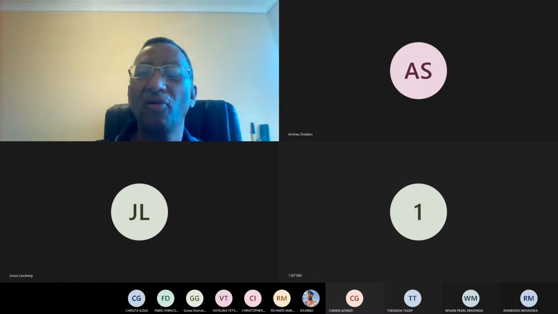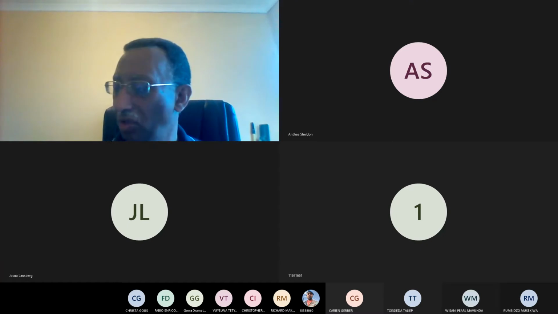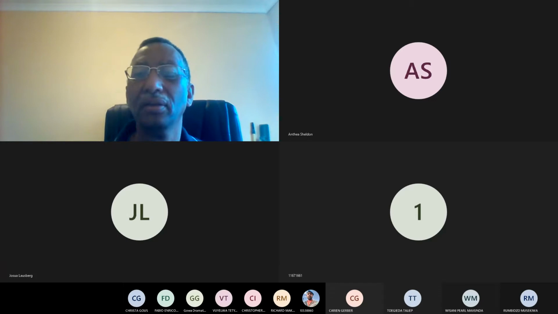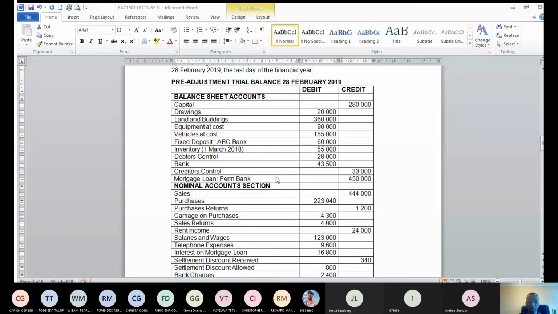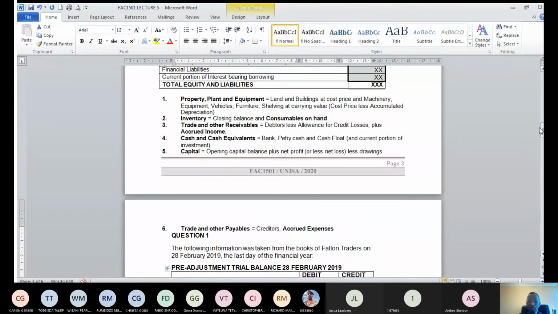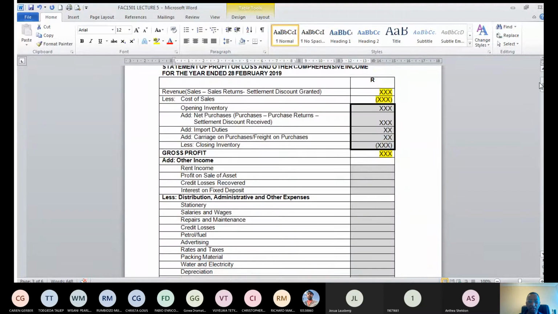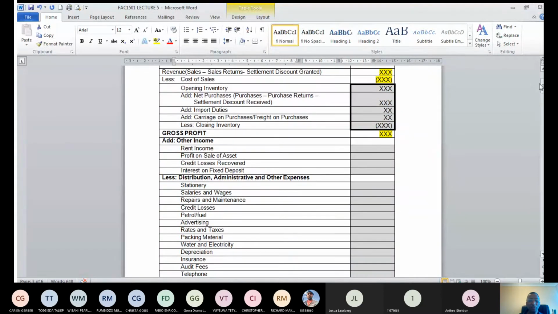Right, we are back onto the formats now. We continue now on page 1 of your notes. The statement of profit and loss and other comprehensive income.